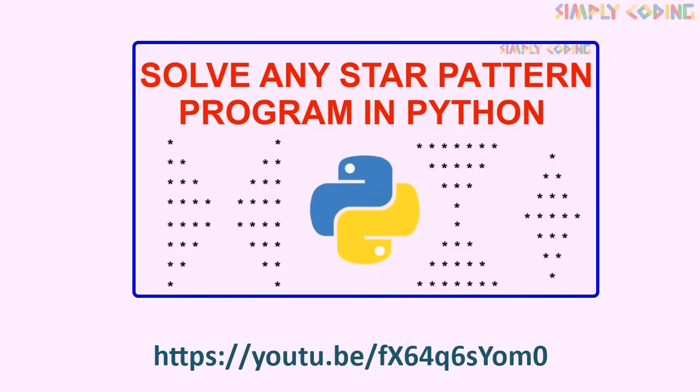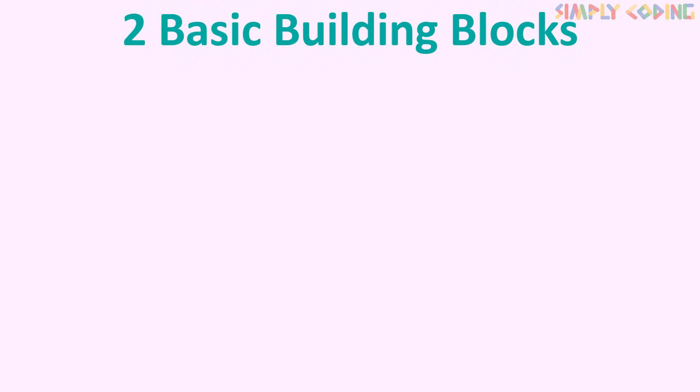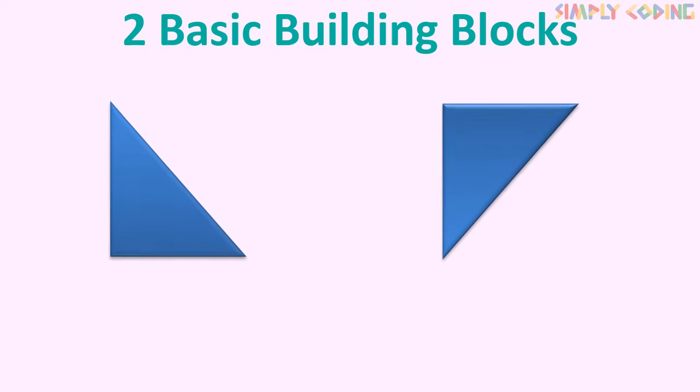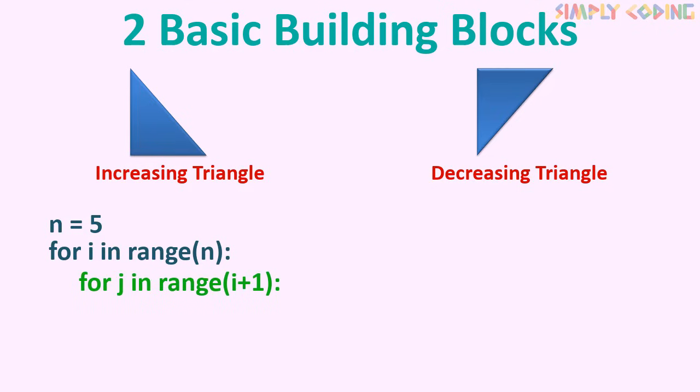What we learnt is that you can make complex shapes by learning to code two basic shapes, increasing triangle and decreasing triangle. Let's see the code for both of them. Increasing triangle has an outer loop which has a range function till n and the inner loop has a range function till i plus 1.